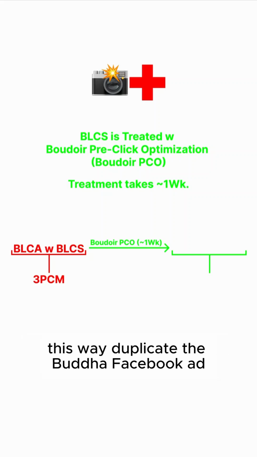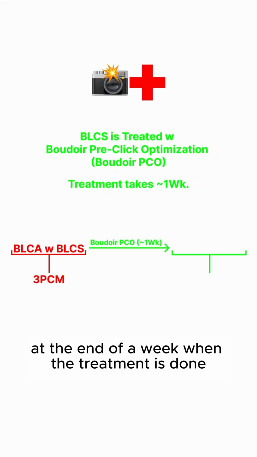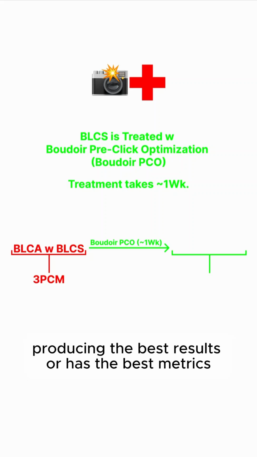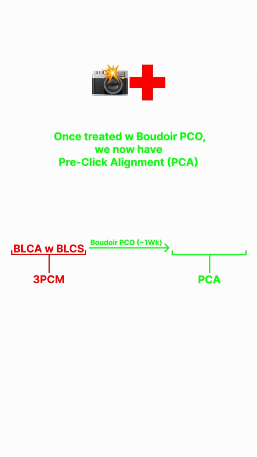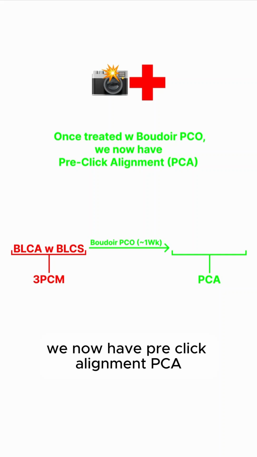This way we duplicate the Boudoir Facebook ad, leave the original ad as it is, treat the duplicated one, and run it in parallel. And at the end of a week, when the treatment is done, we keep whichever one is producing the best results or has the best metrics. Now, once treated with Boudoir Pico, we now have pre-click alignment, PCA.